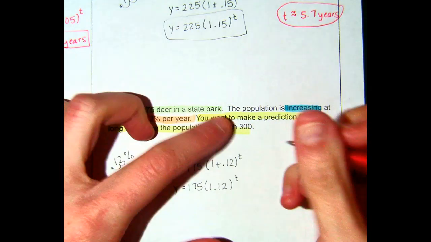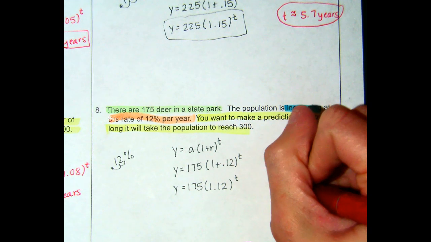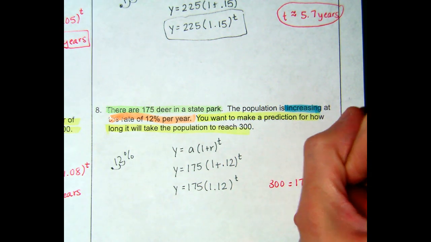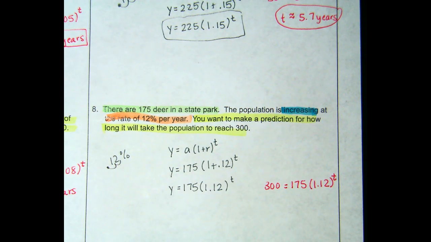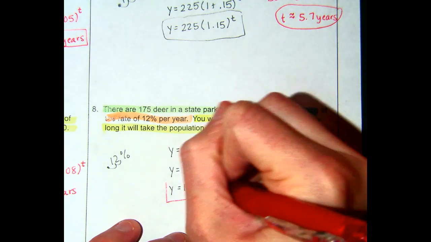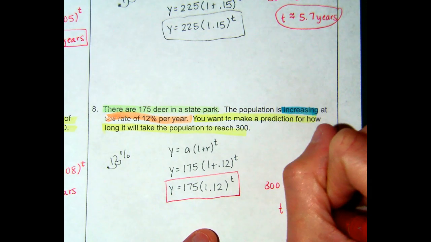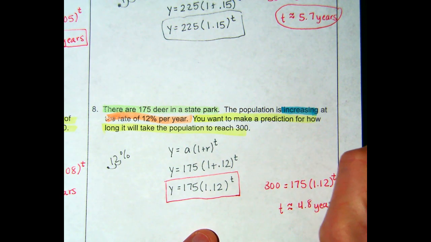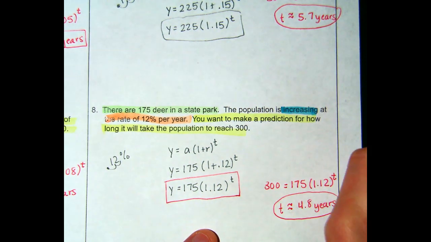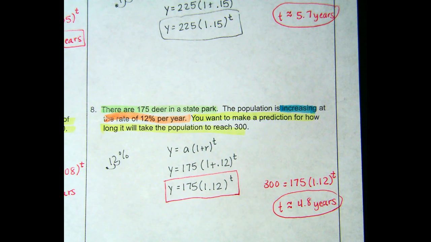We want to know when it reaches 300, so 300 equals 175 times 1.12 to the t power. Use your calculator to find out how many years that is. You need both answers. You should get t is approximately 4.8 years. It should take about 4.8 years for the population to be 300 deer.